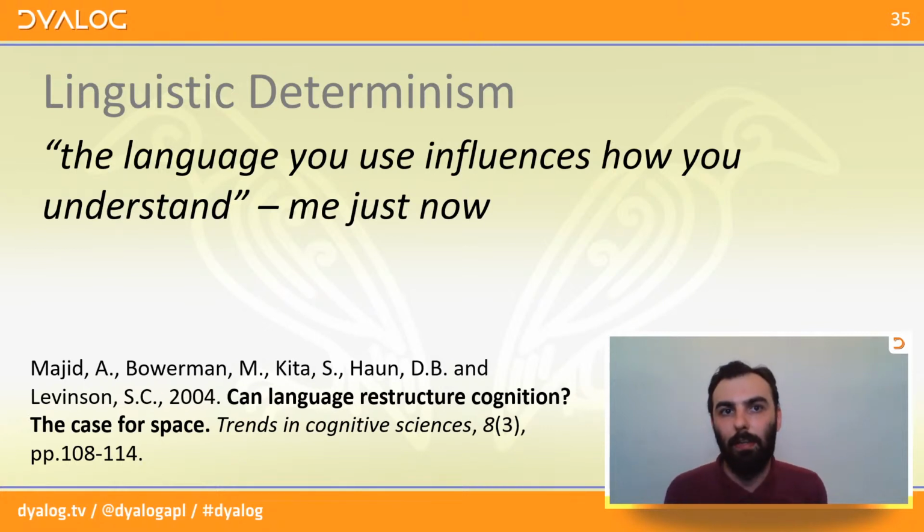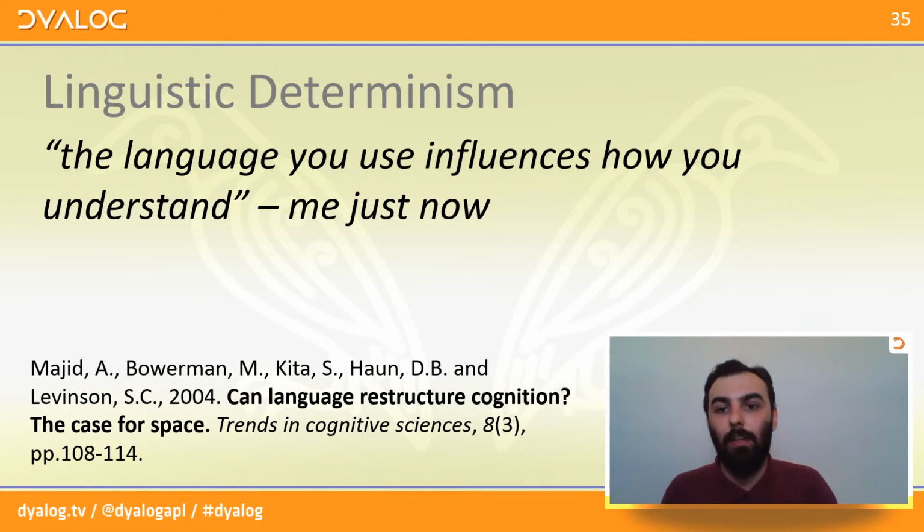This is something that apparently comes in and out of fashion in language academics, and people find evidence for it, evidence against it. I don't think it's that concrete an idea. One of the most interesting examples I've seen, that I think is fairly well accepted-ish, is from this paper, Can Language Restructure Cognition?